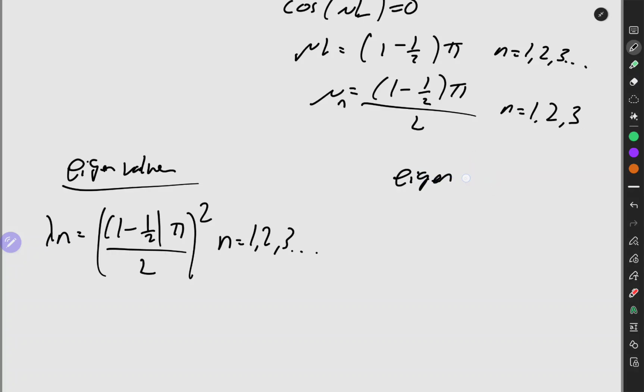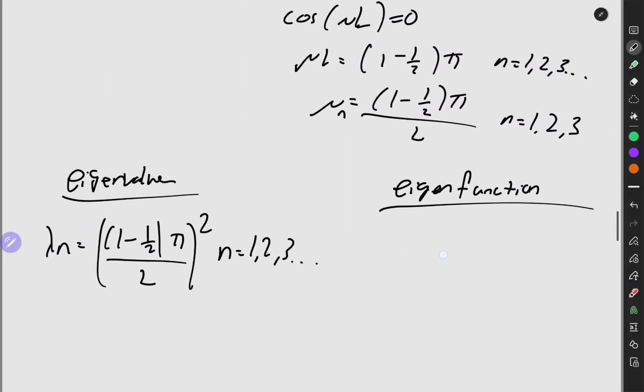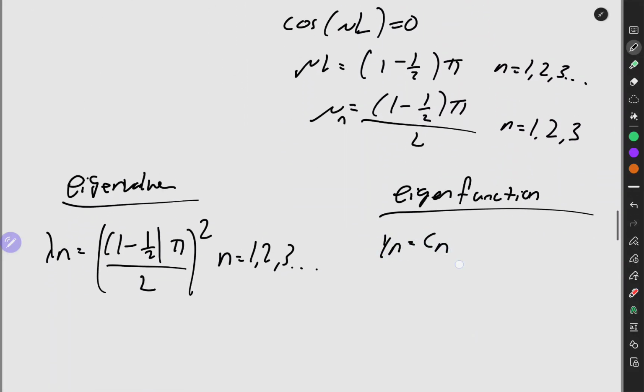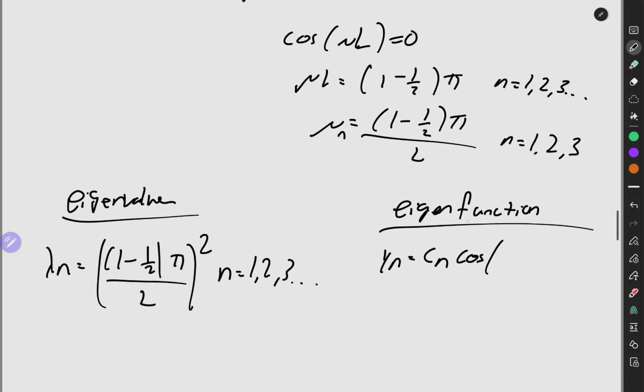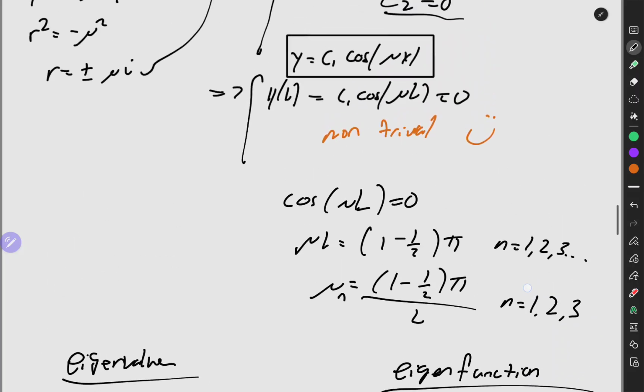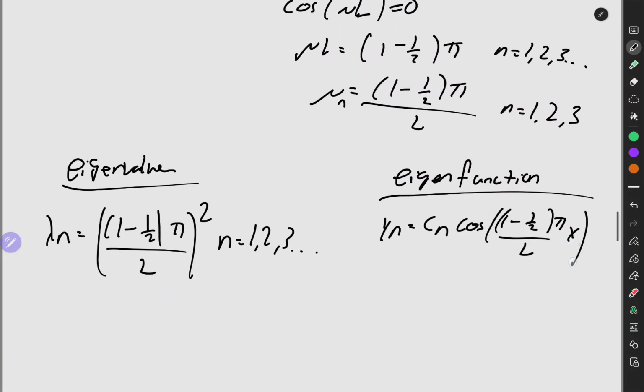Sorry about my handwriting here. I'm going through these examples pretty fast. Eigenfunction y sub n is c sub n cosine of, oh wait, times x, right? Yeah. Okay. There we go.